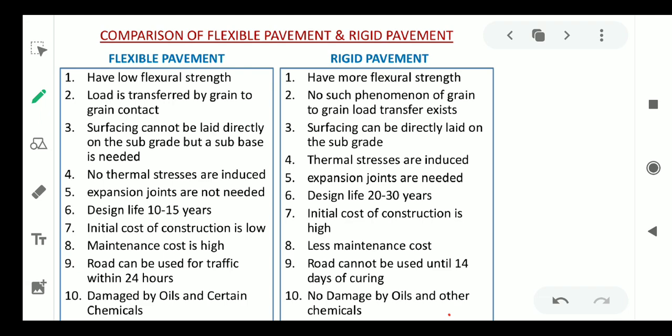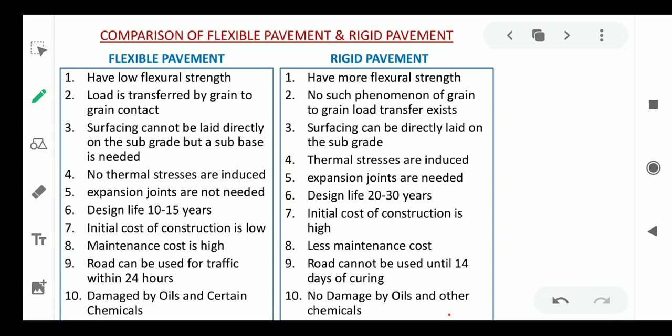Another is no thermal stresses are induced, and in case of the rigid pavement, thermal stresses are induced. In the bituminous pavement, the effect of temperature, but in case of concrete pavement, CC pavement, since concrete has a property to expand or contract due to the temperature, thermal stresses are induced.